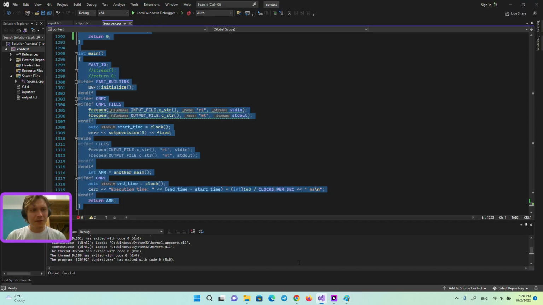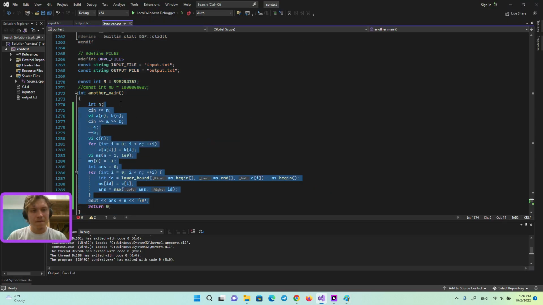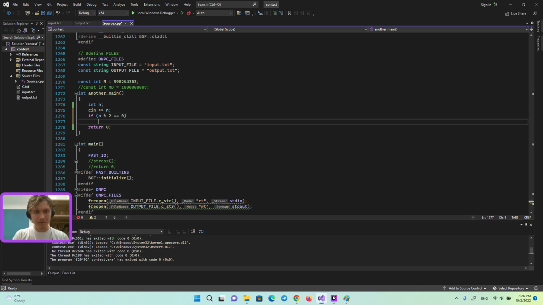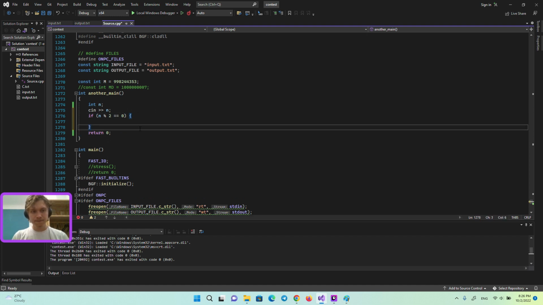Fine. First of all, let's solve this problem for odd numbers or for even numbers. So for even numbers, we just fill the upper part with odd numbers and the lower part with even numbers.